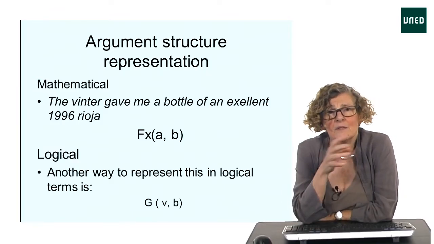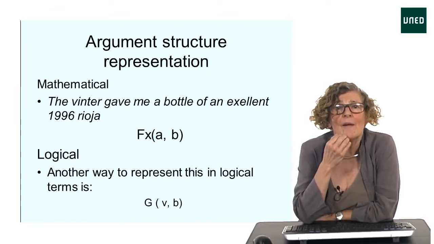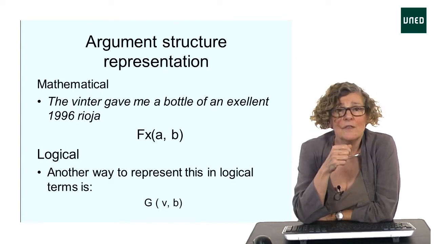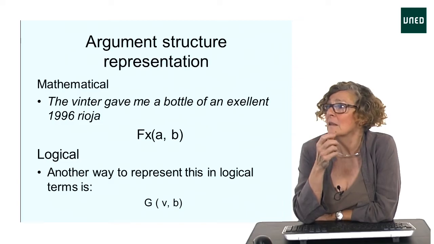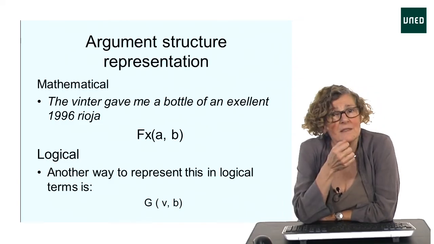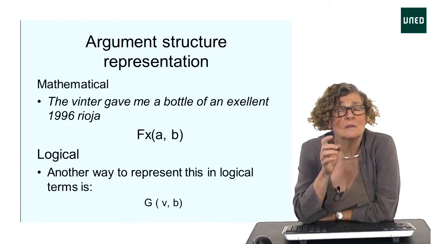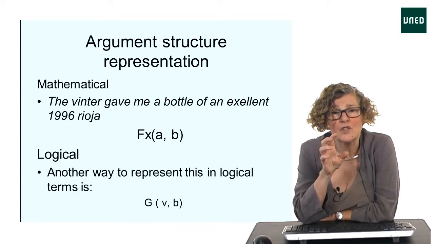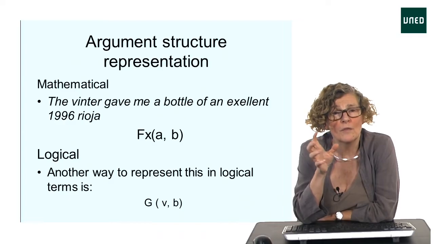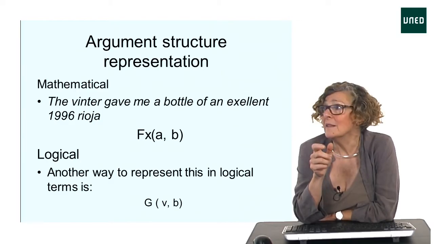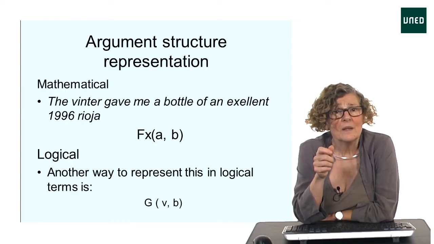There are several ways of representing this. The first is a mathematical approach. Let me give you the example. The winemaker gave me a bottle of an excellent 1996 Rioja, where the function is the generic form of referring to a function in mathematical terms, and then two entities, a and b.